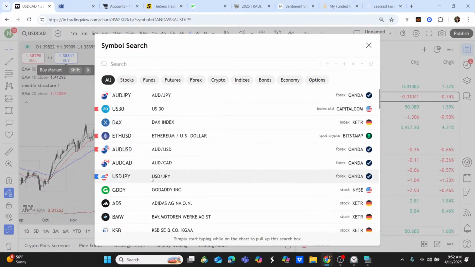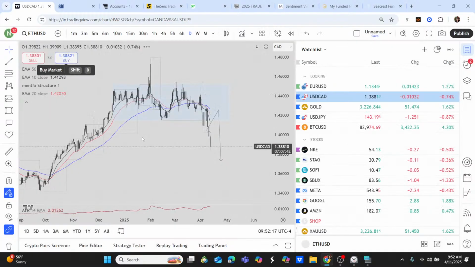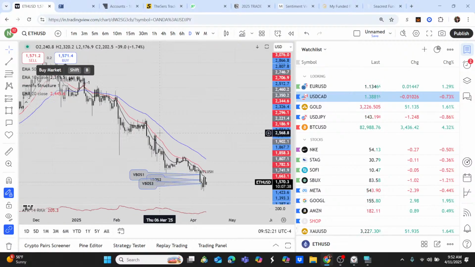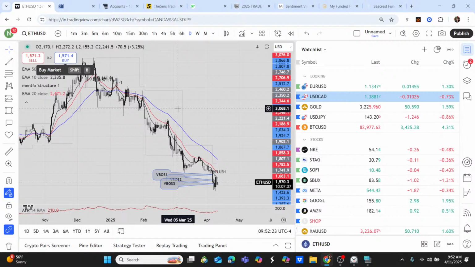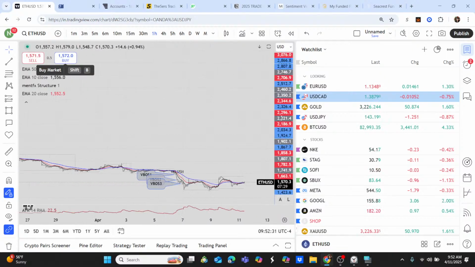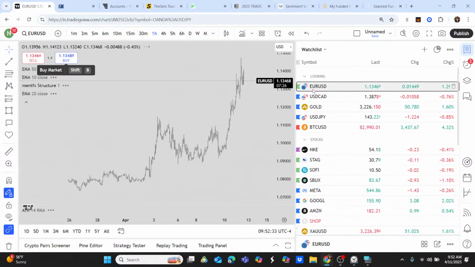Just checking around, see what can possibly be setting up. Well, I don't see nothing necessarily for 5 minutes.